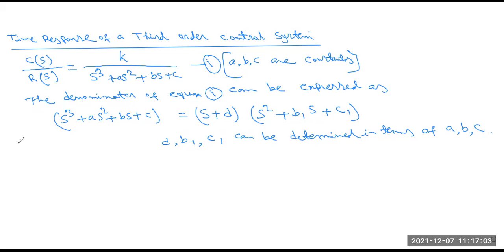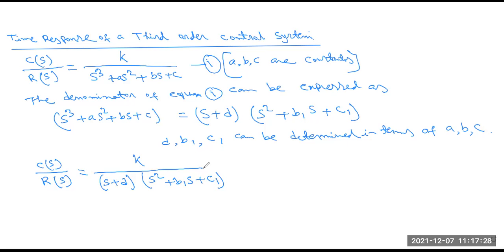Now this equation changes: C(s) by R(s) equals K by S plus D times S square plus B1 S plus C1, because we express the denominator of the third order system this way. Is it clear to all of you? This is equation number 2.